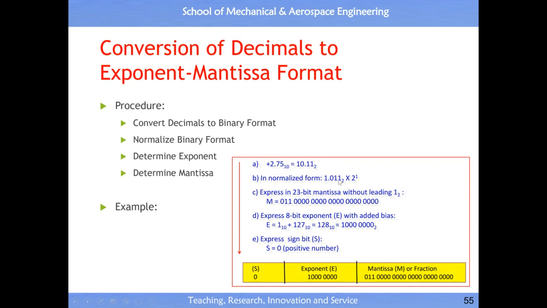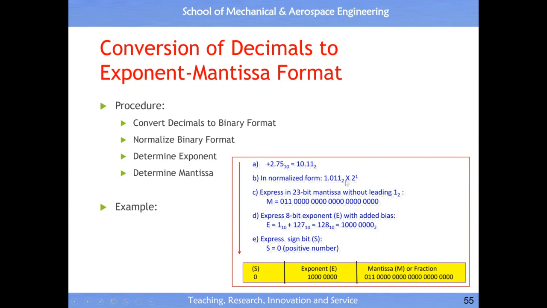Then it's 1.0101 times 2 raised to the power 3. Now this is a fraction, this is an integer, and this has a power equal to 3. Then 3 plus 127 equals 130, so you write the 130 here.